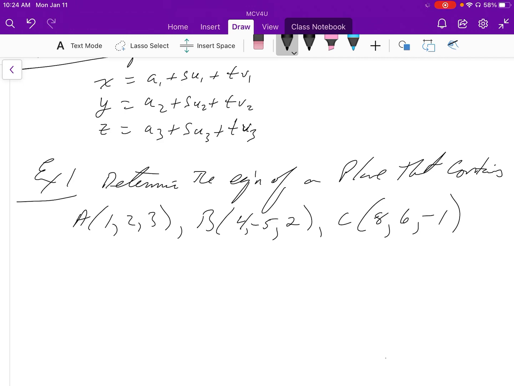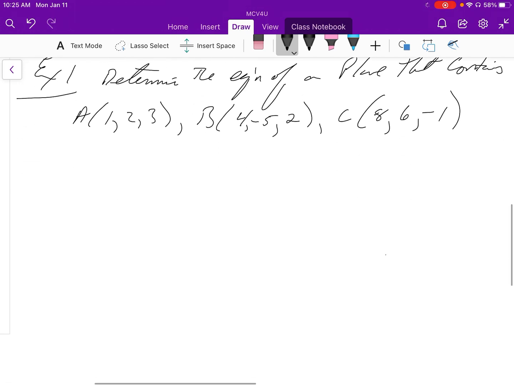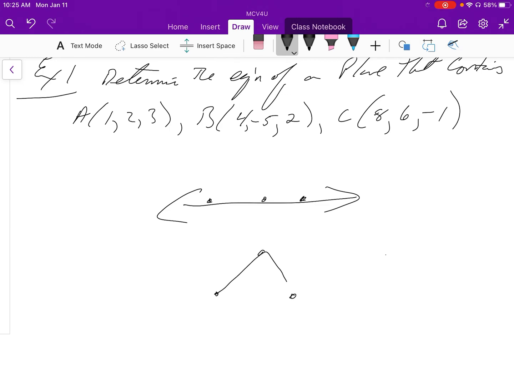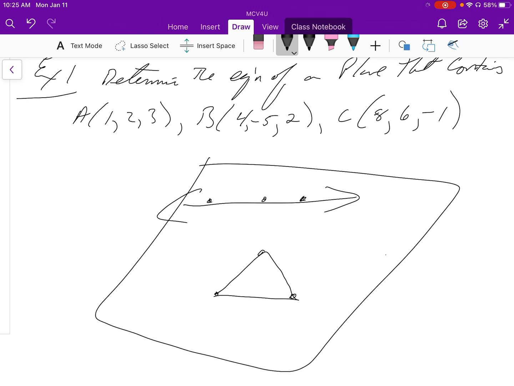What we're going to show here is that any 3 points, so long as they're non-collinear, will form a plane. If 3 points are collinear, you're just going to get a line. But 3 non-collinear points give you a triangle which extends out into the actual plane.